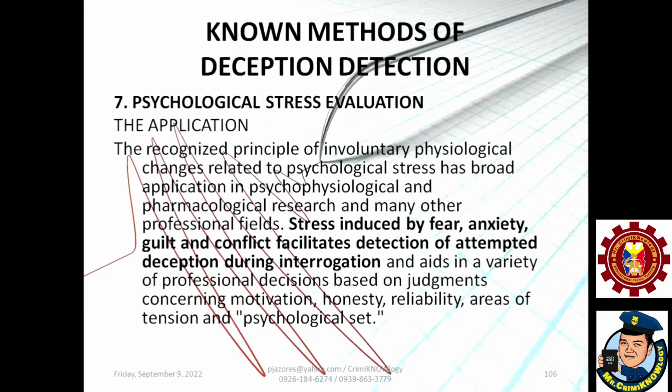In this examination, once the subject is questioned, the stress given to him or her induces fear, anxiety, guilt, and conflict. This conflict facilitates detection of the attempted deception during the interrogation. That is what we are measuring here, the changes in the voice, the tremors, so that we can see if the subject will attempt to deceive the interrogator.